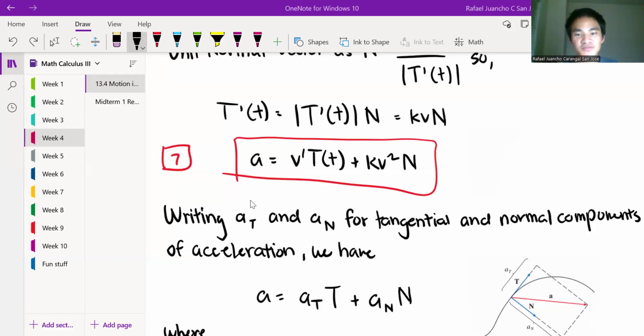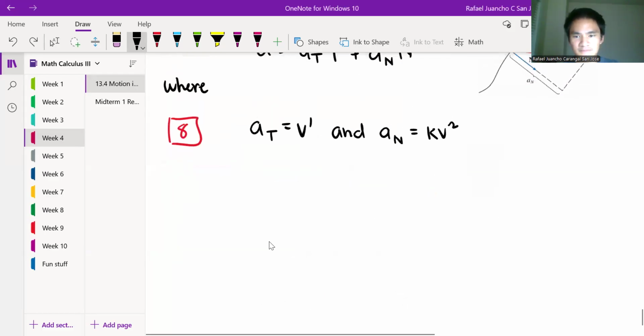Although we have expressions for the tangential and normal components of acceleration in equation 8, it's desirable to have expressions that depend only on our position vector, r. At the end of the day, we want to make it all in terms of r.